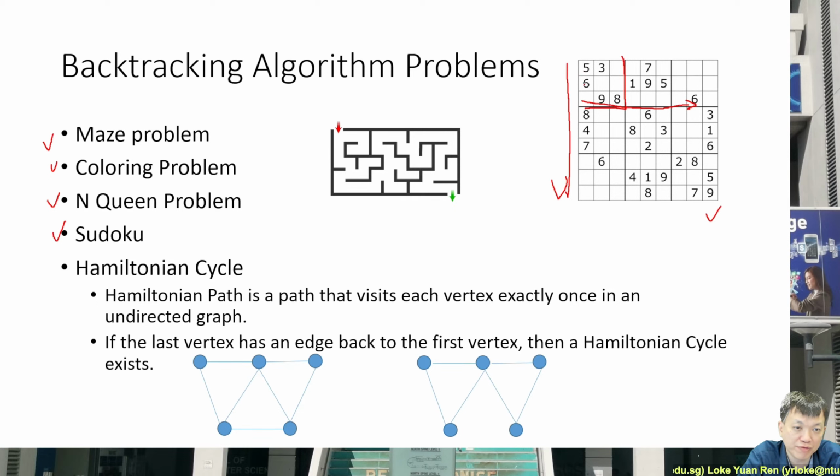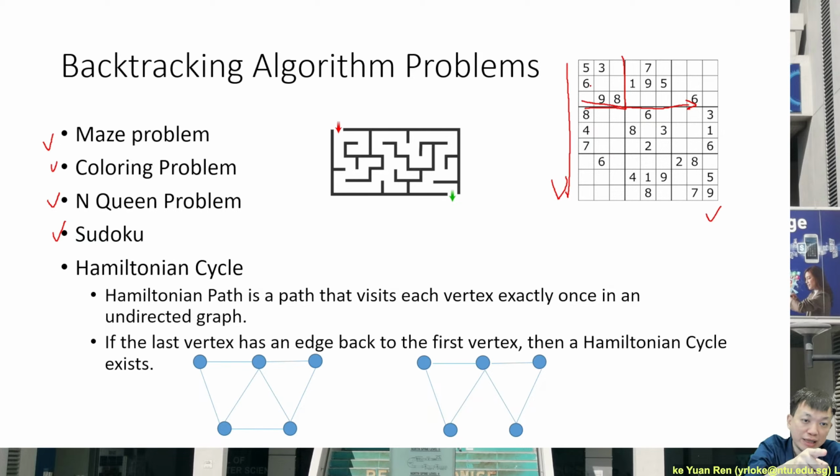You already put 5, 6, 8, 4, 7, so if I check horizontally, the options I can put are 1, 2, 3, 9. Then you check vertically to see what is safe to put and what you can eliminate.